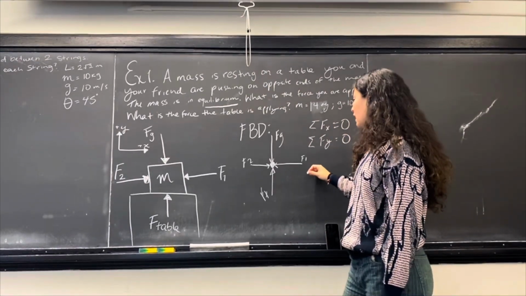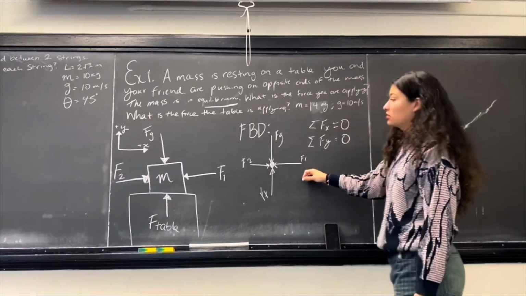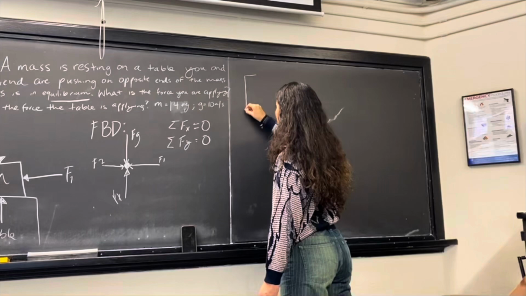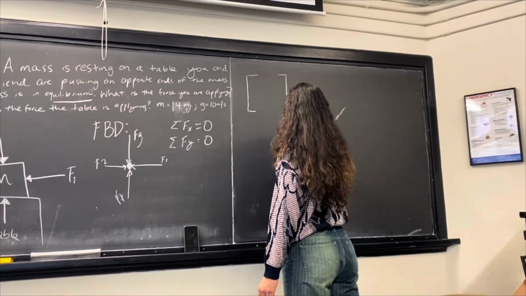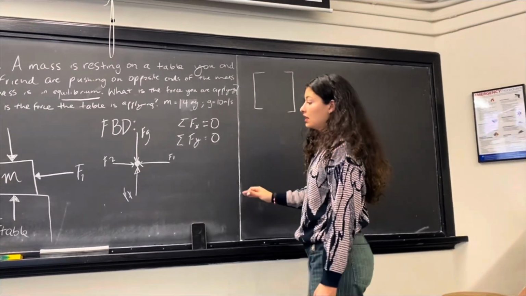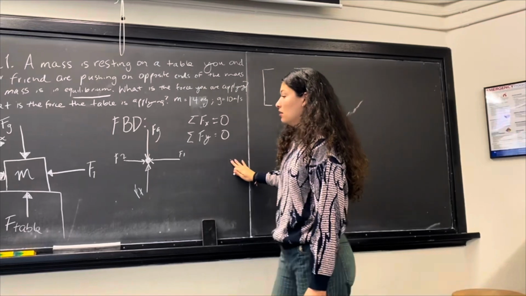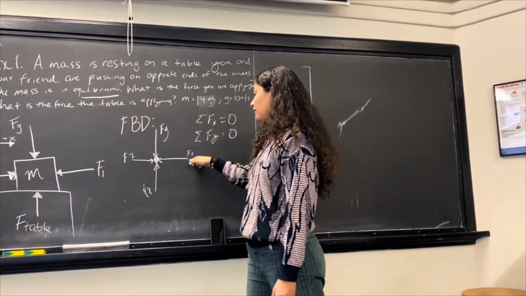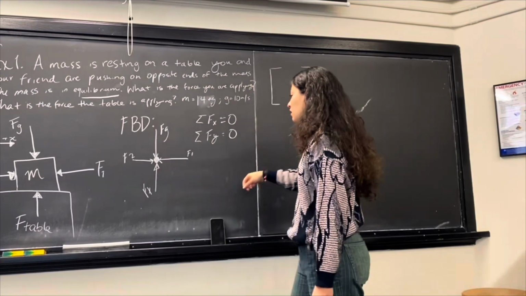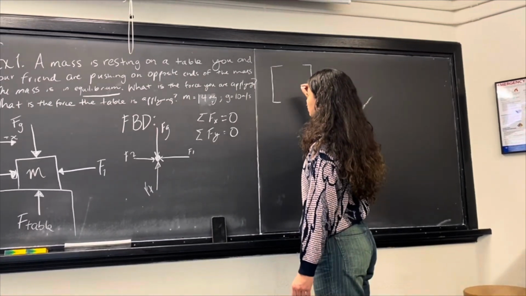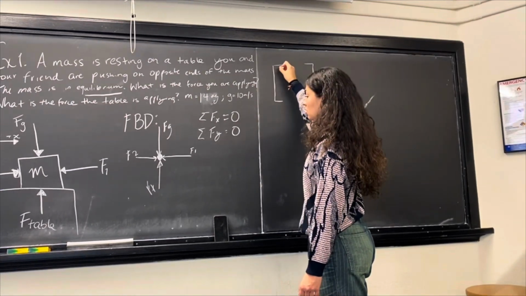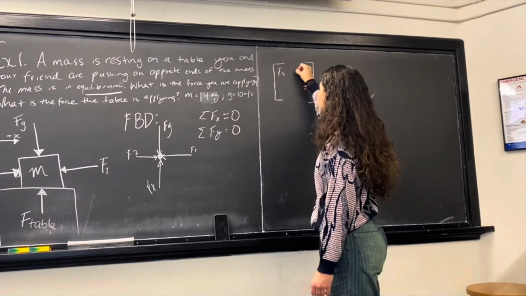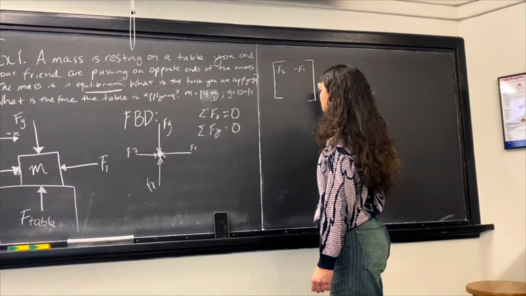So we can set up a matrix to solve this equation. Set this up here. We see our forces in x. We have F2 acting in the positive direction and F1 acting in the negative. So we'll do positive F2, so our forces in x, negative F1.